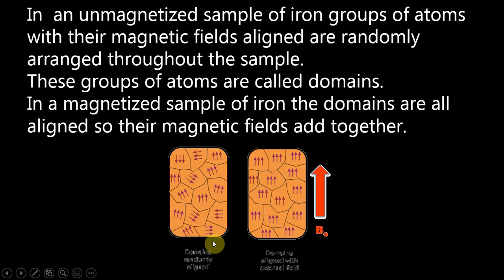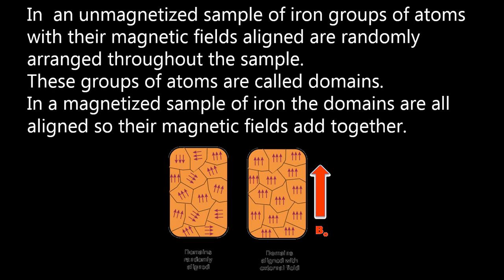So in normal iron, we get these domains where electrons line up, and you get a whole bunch of iron atoms in a little section where the magnetic fields also line up. In normal iron, there are different domains, we call them, so groups of iron atoms where the electrons spin together, and so the magnetic fields line up.